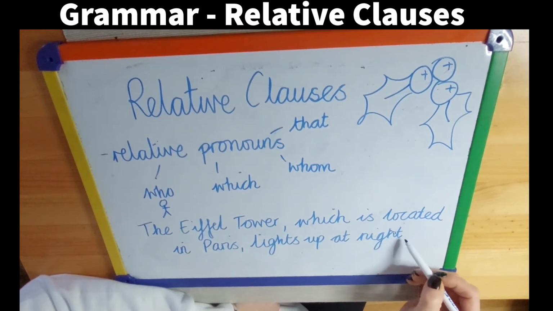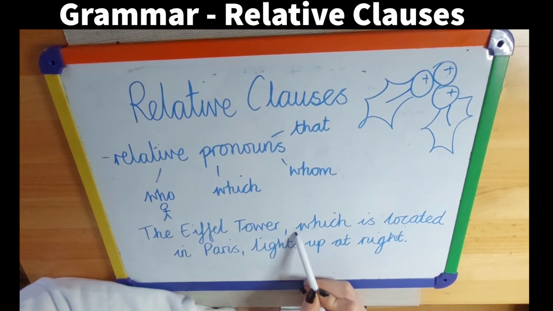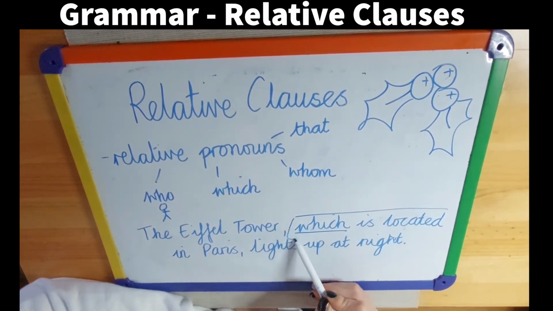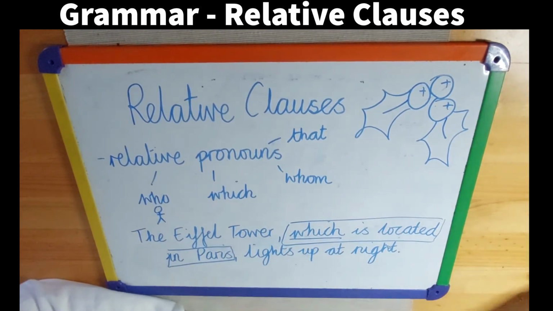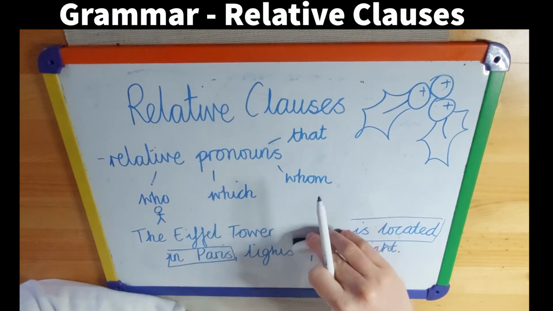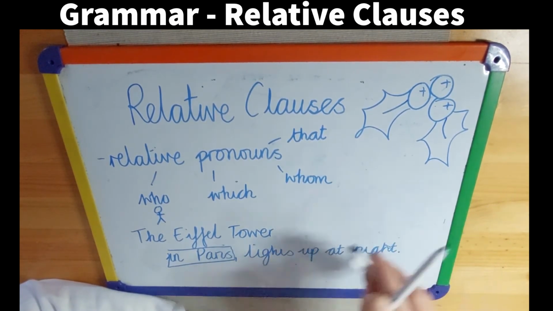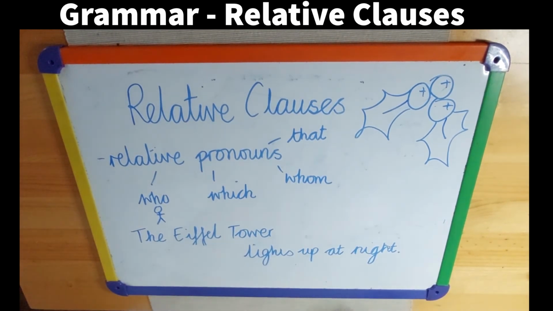So again, in this sentence, I have my relative pronoun, which is which, and I have my clause, which is located in Paris. And then if I take my relative clause away, my sentence should still make sense. So the Eiffel Tower lights up at night.